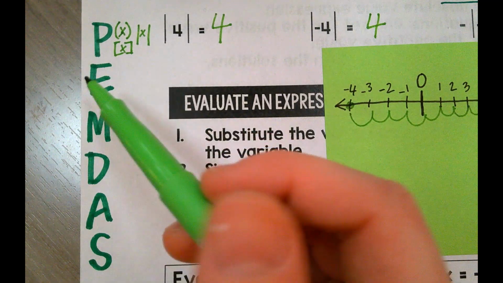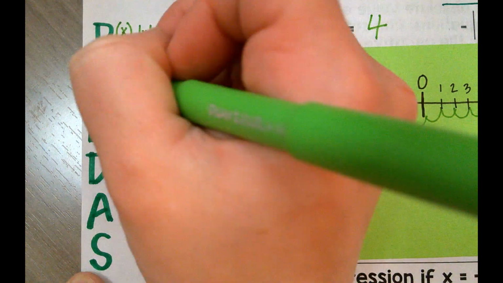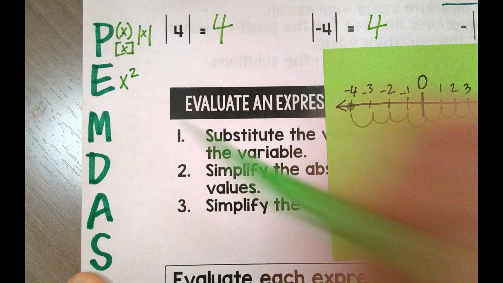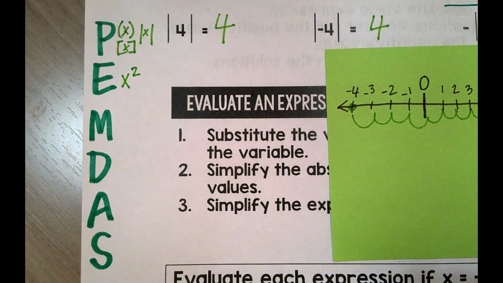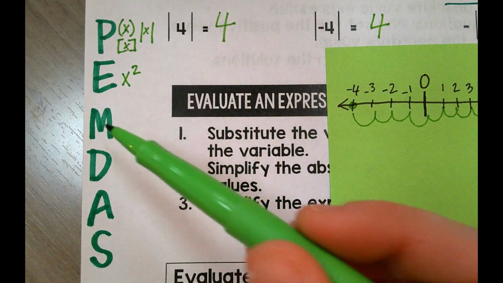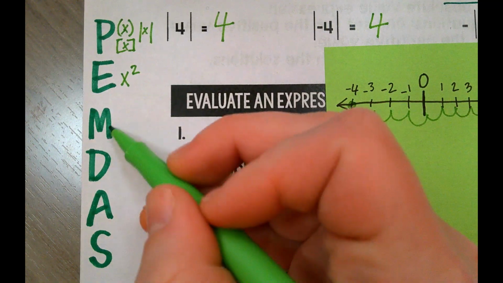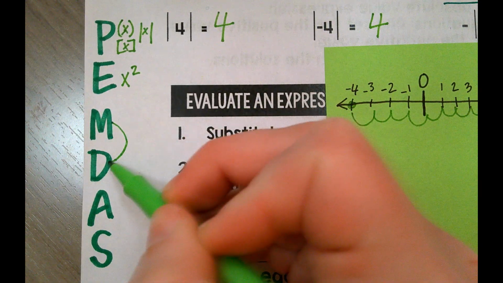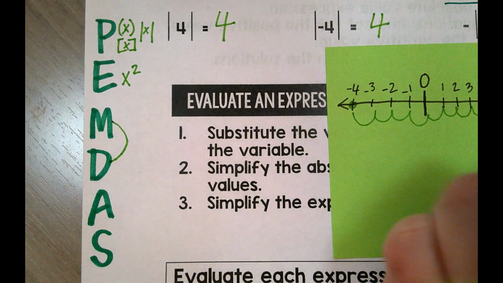After parentheses, the E, what does that stand for? Exponents. That's like our squared or cubed or things like that. Next, I have M and D. I'm going to put these together. What are M and D for? Multiply and divide, multiplication and division.